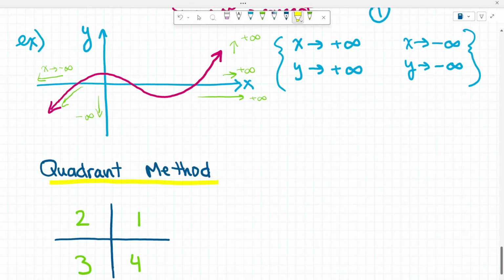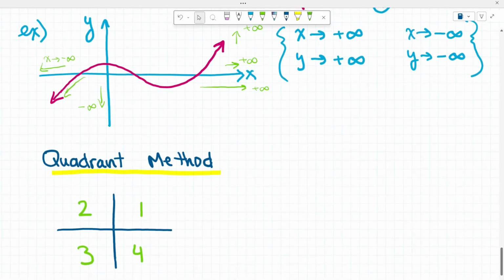Another method I'm going to show you right here is called the quadrant method. If we have our Cartesian plane, our xy axis, we can write our quadrants in the following way. The top right one is quadrant 1, top left is quadrant 2, bottom left is quadrant 3, and bottom right is quadrant 4.